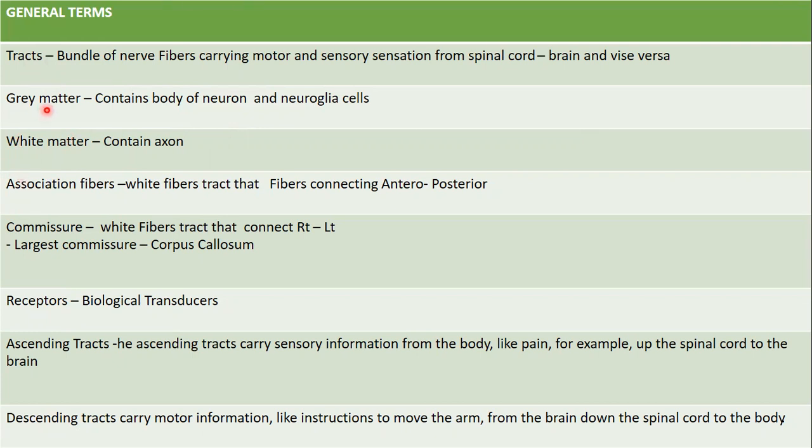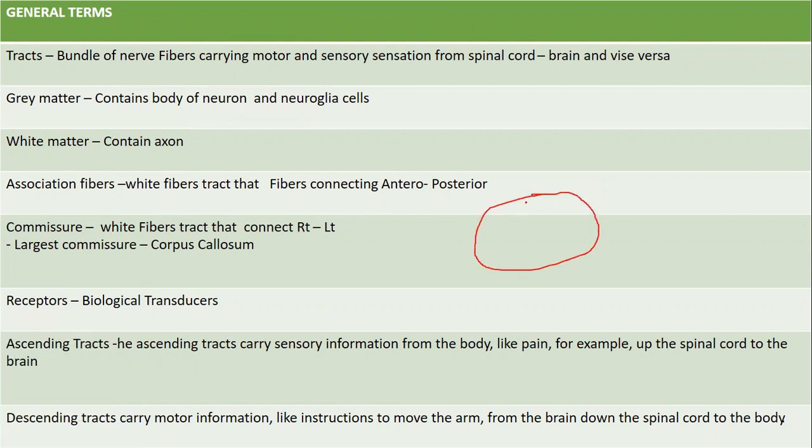Coming to the elements of the white matter, there are association fibers. What are association fibers? Those white fiber tracts that connect antero-posteriorly. We see tracts from top to bottom, right to left, and anterior to posterior. So association fibers connect tracts from anterior to posterior. What are commissures? Commissures are the tracts that connect the right to the left part.